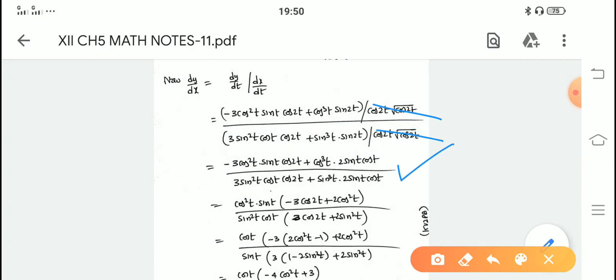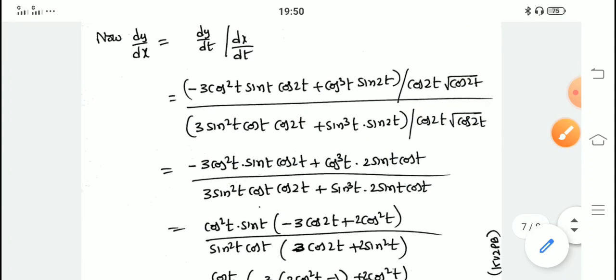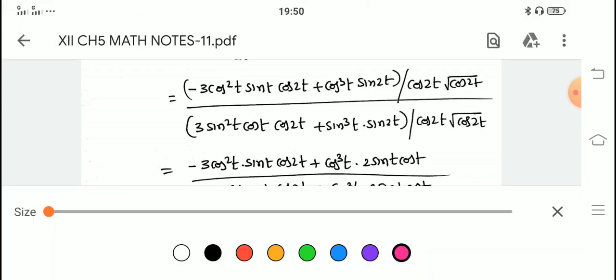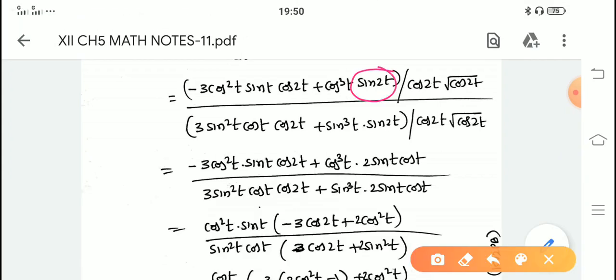Then parallelly, what I did here, if you carefully see, the formula for sin 2t is 2 sin t cos t. Here also I just kept the sin 2t formula. Then after that, cos square t, sin square t and cos t are common in the numerator and denominator respectively. Then you get this format.